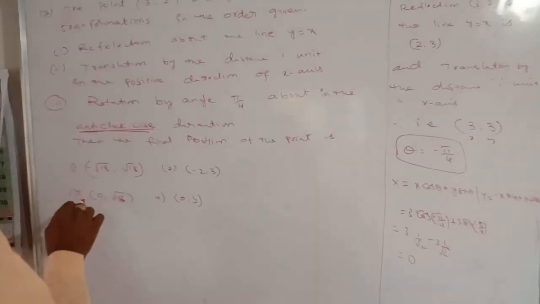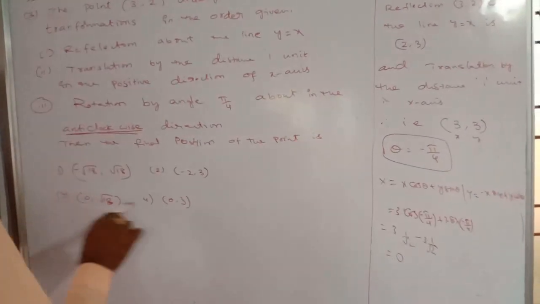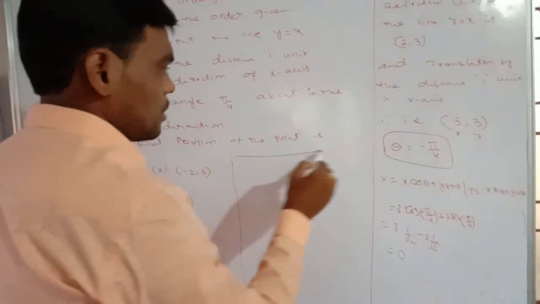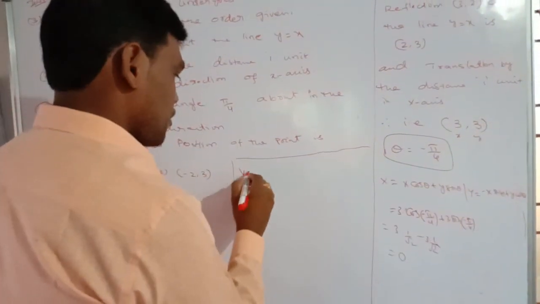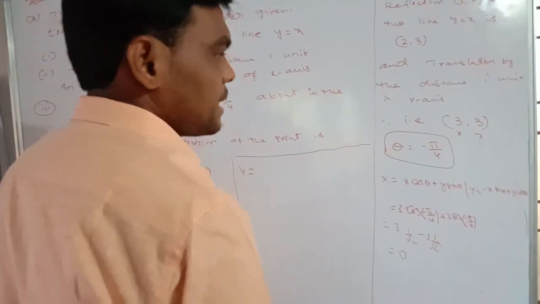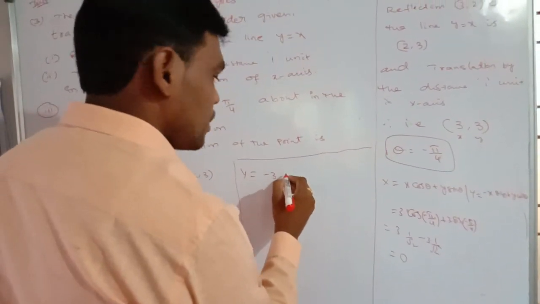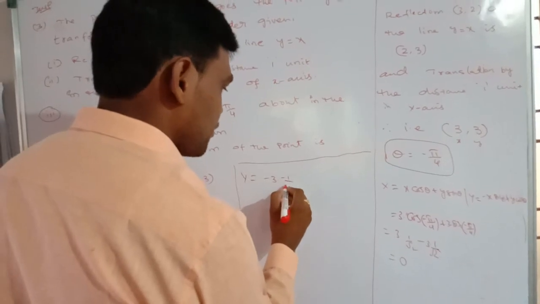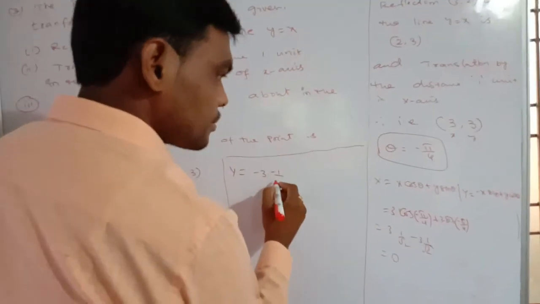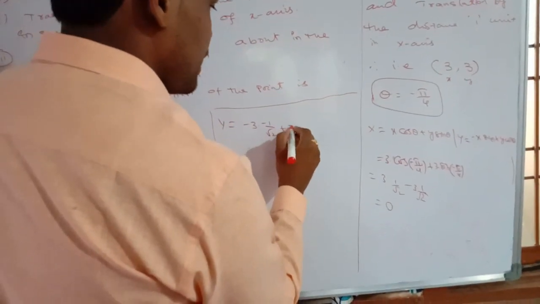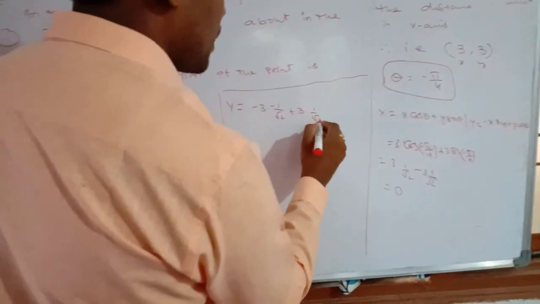Now verify the options 3 or 4, but first find out the y coordinate. Capital Y is equal to minus x sin theta plus y cos theta. That means minus 3 into sine pi by 4, which is minus 1 by root 2, plus y means 3 into 1 by root 2.